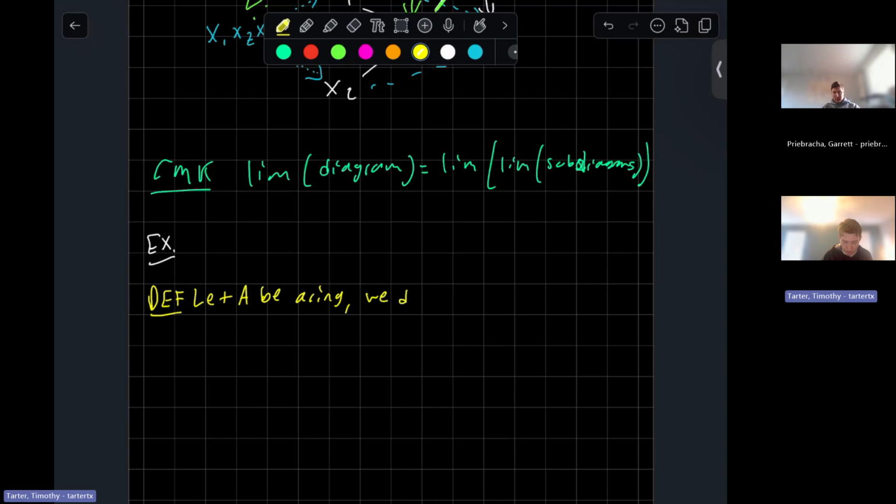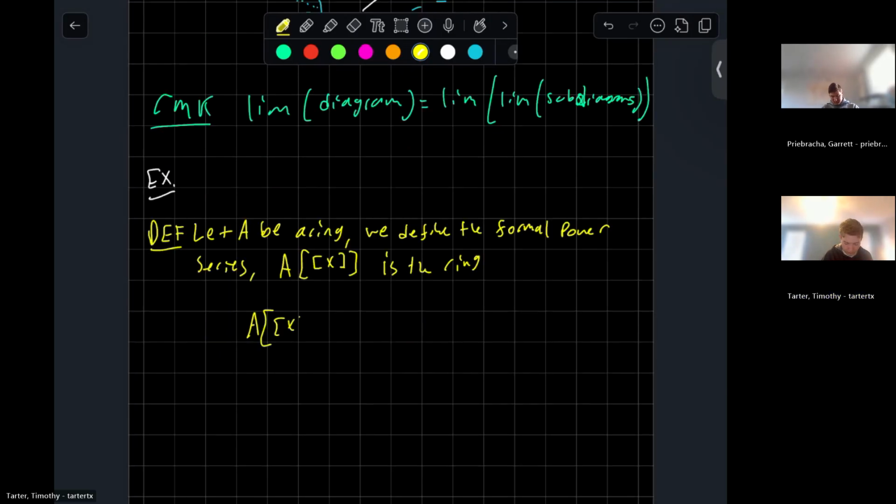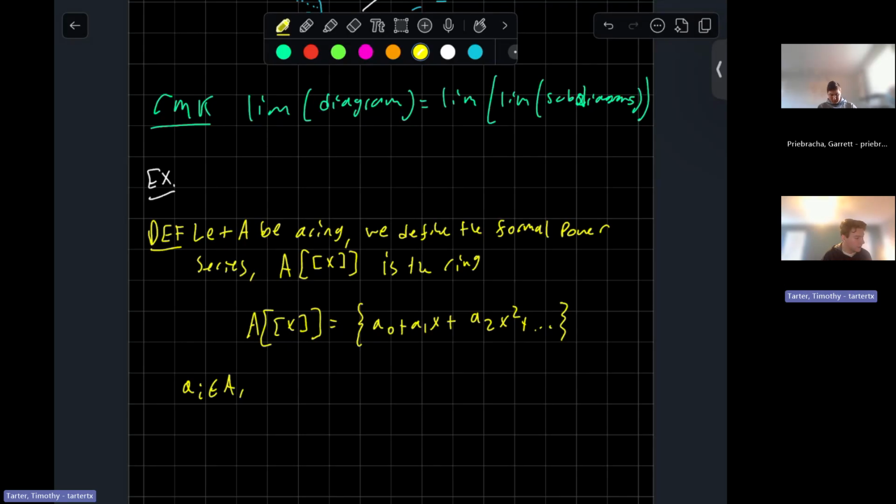We define the formal power series A[[x]] as the resulting ring of a_0 + a_1x + a_2x^2 + ..., where a_i are in A, and the ring operations are obvious.